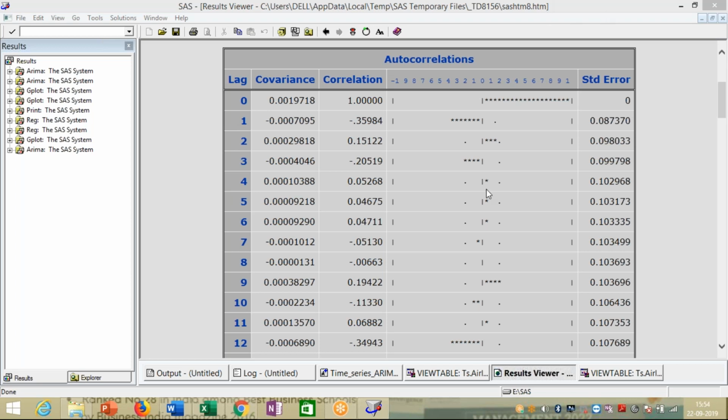Okay, so let's start having a look into the correlation functions, the way the autocorrelation functions are done. Now over here, it is not always necessary that the autocorrelation function should only be on one side, right?